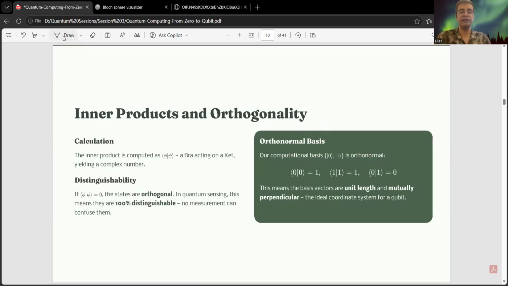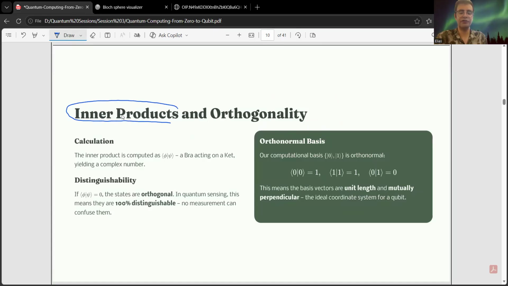And if you want to find the inner product, that's also very easy. Let's say you have two states and you want to find the inner product. If both of them are in state 0, which means that they are in the same state, then their inner product is going to be 1. If both of them are in state 1, their inner product is going to be 1.